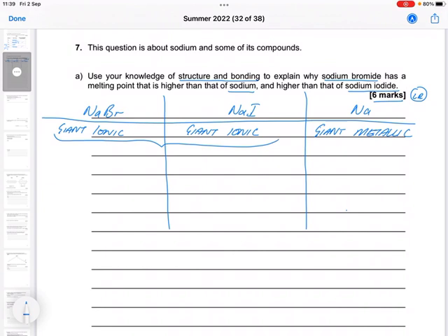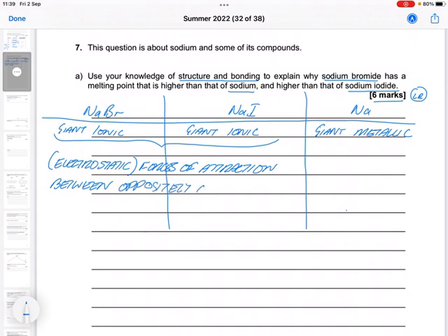So we have electrostatic, you don't need to write that word, but forces of attraction between oppositely charged ions. Okay, so that's for both of those, and we'll do a comparison between those two in a little while.